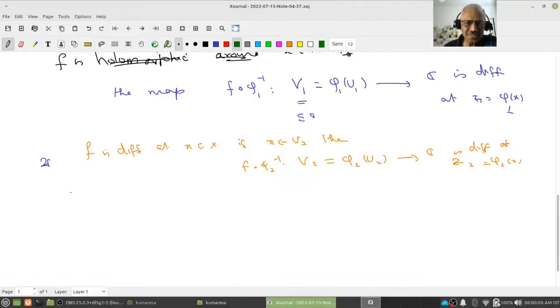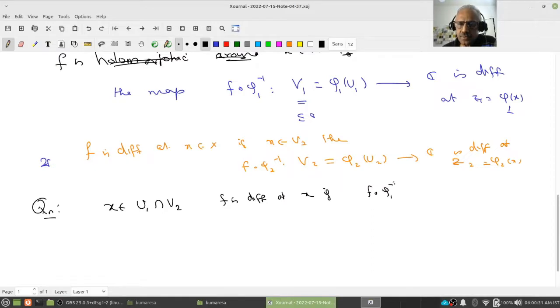Suppose x belongs to u1 intersection u2, suppose it is non-empty. Then one of you may say f is differentiable at x if f composite phi 1 inverse is differentiable at phi 1 of x.